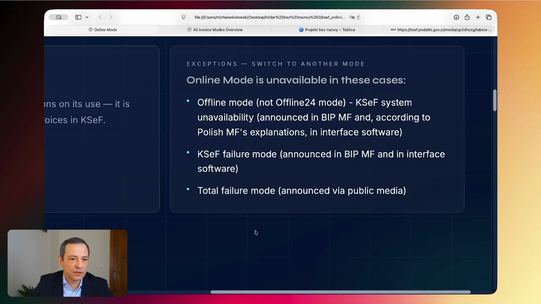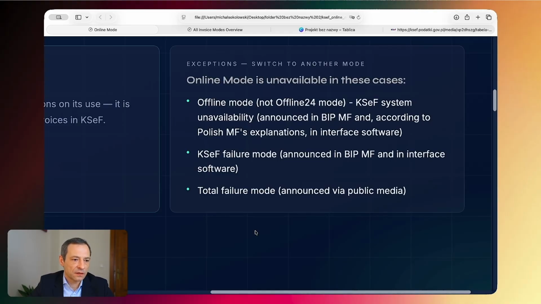This situation will also be announced by the Polish Ministry of Finance in the Bulletin of Public Information and in the interface software itself. So, if such information is indeed announced, the go-to mode to issue an invoice is the KSeF failure mode.